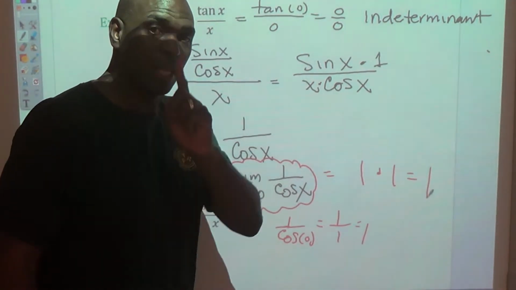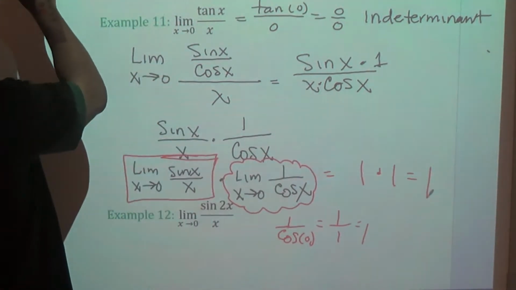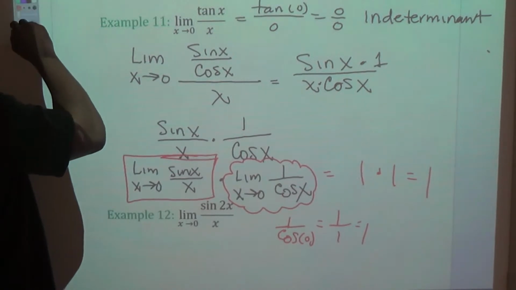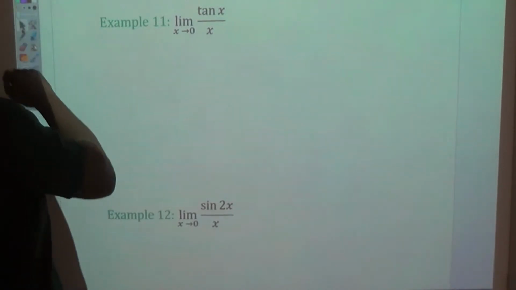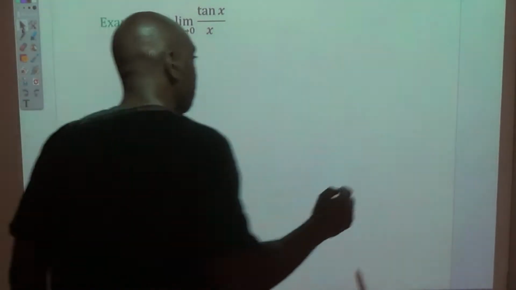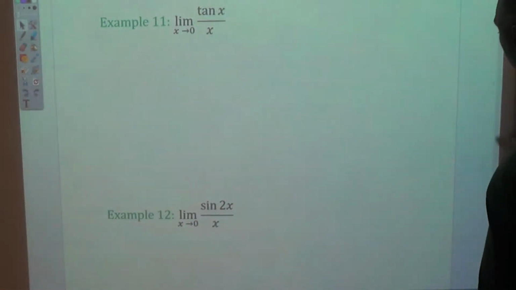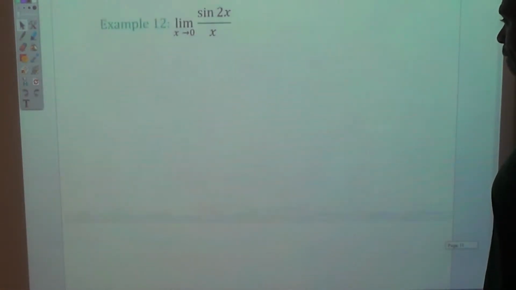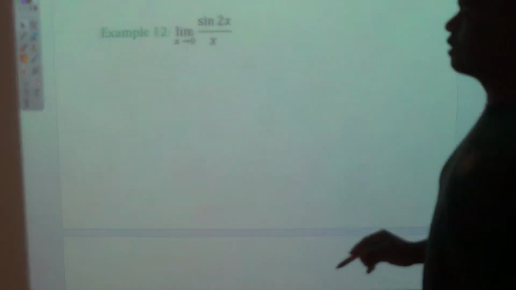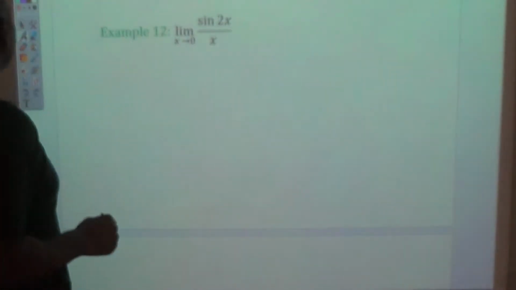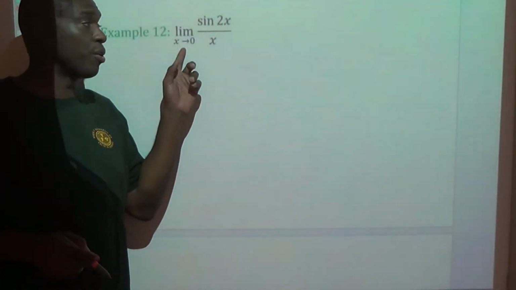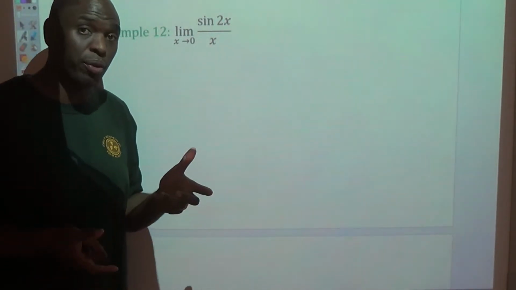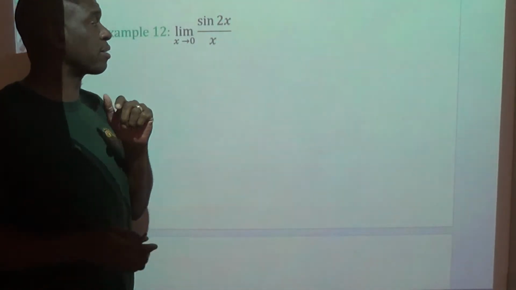Okay? Last problem. The limit as x approaches 0 of sine 2x, double angle here, over x.